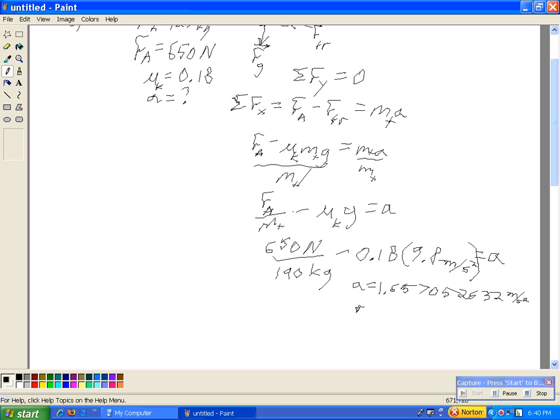The acceleration in significant figures is 1.7 meters per second squared. Okay, that part's done.